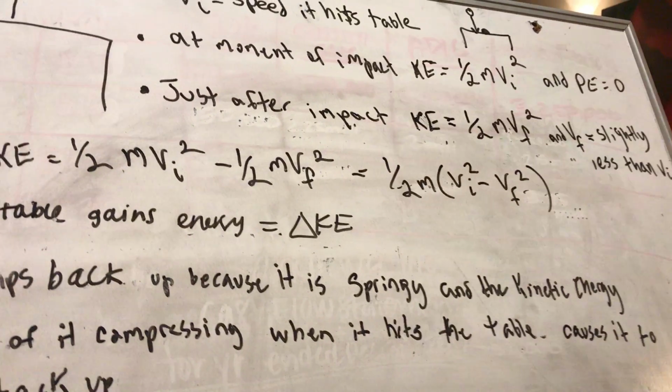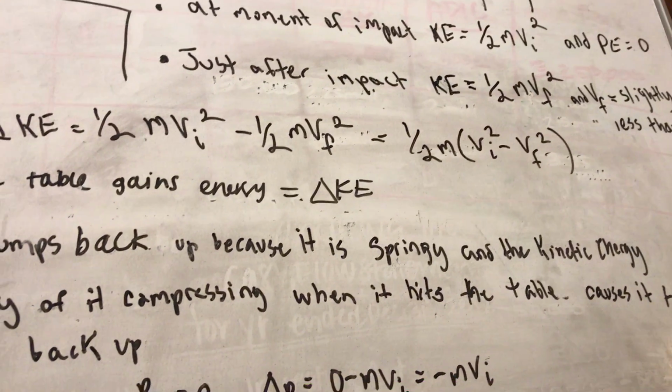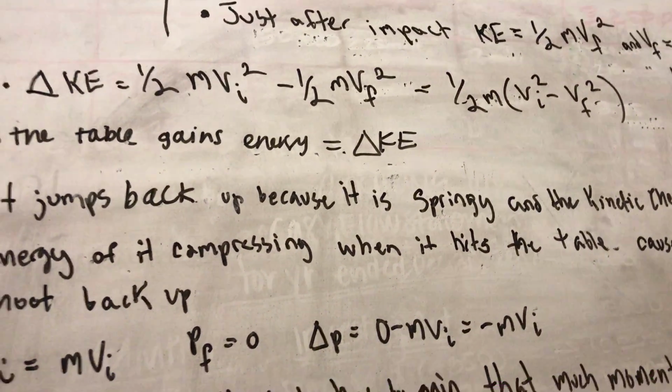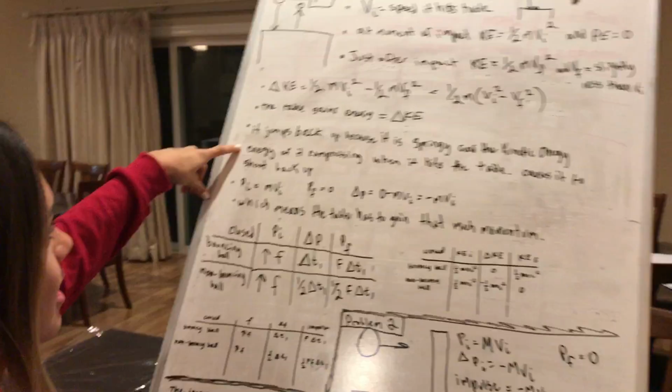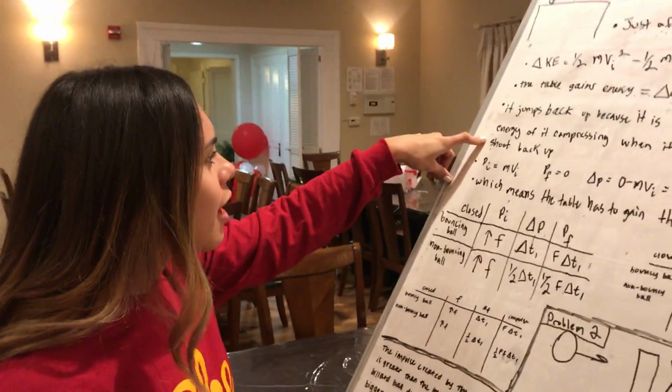So the table gains energy equivalent to the change in kinetic energy, and then the ball jumps back up because it is springy, and the kinetic energy of the compressing when it hits the table causes it to shoot back up.